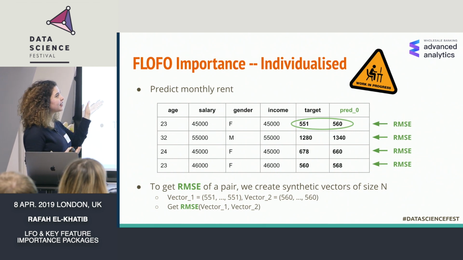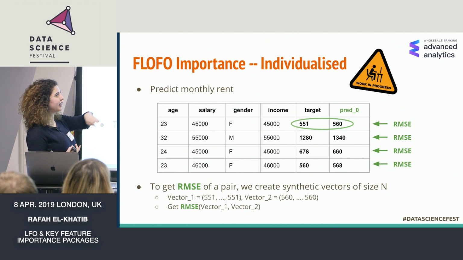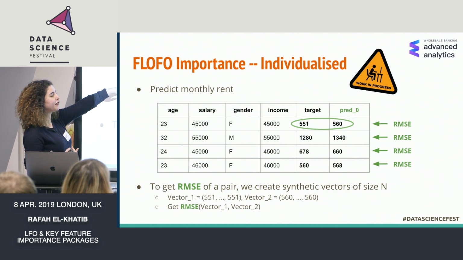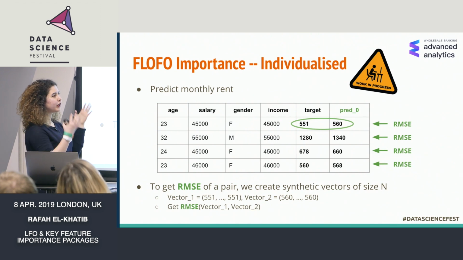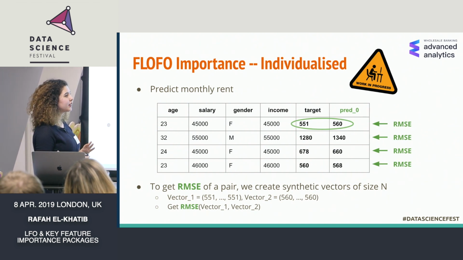So what we do is we synthesize vectors of length n from this first value and the second value. So we duplicate 551 10 times, we replicate 560 10 times, we get these two synthetic vectors and we put them through the performance metric. And we get the original performance of the unpermuted record.